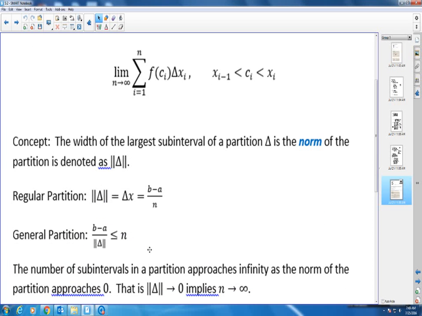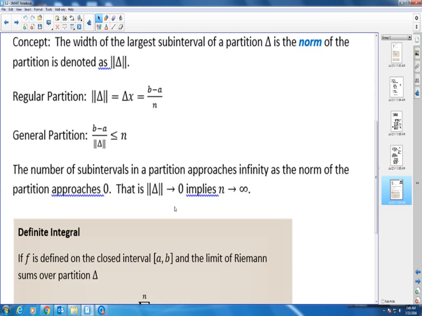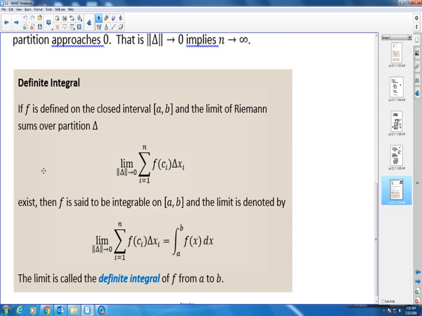Okay, this is what we talked about last time. The definite integral. If f is defined on a closed interval from a to b, the limit of the Riemann sum over the partition delta, as the limit of the sum from i to n of f of c sub i times delta x sub i, as the partition goes to 0.